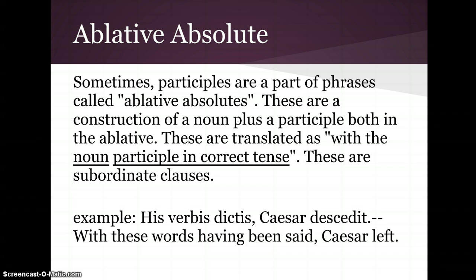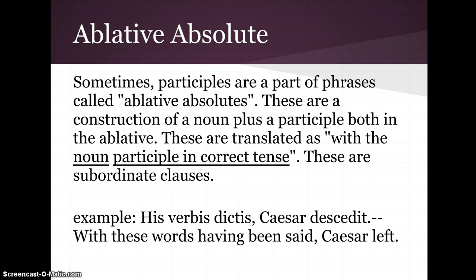So, for example, his verbis dictis Caesar discedit would be translated as, with these words having been said, Caesar left. The ablative absolute in the sentence would be his verbis dictis, and as you can see, all of those words are in the ablative. His and verbis go together.